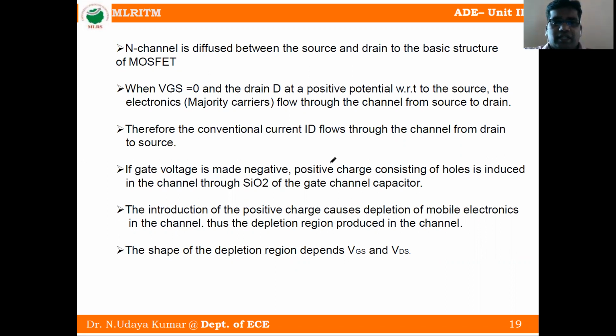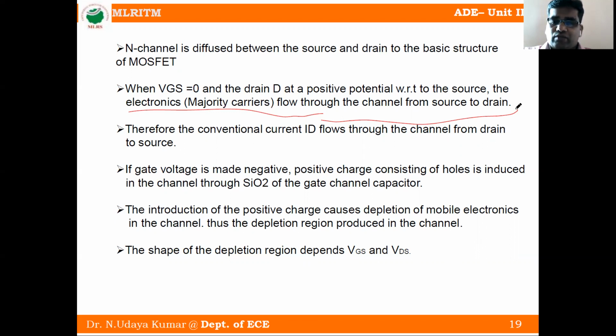The electrons are majority charge carriers and flow through the channel from source to drain. Therefore, the conventional current ID flows through the channel from drain to source.